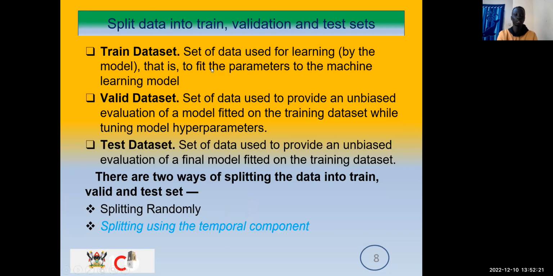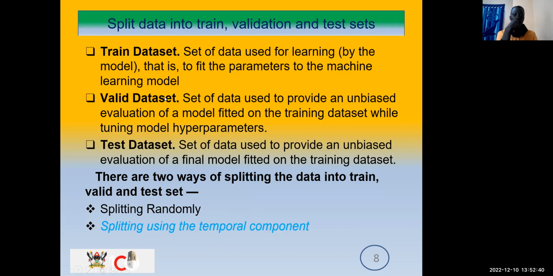Splitting data into train, validation, and test sets. Now we are going to look at train data sets, validation data sets, and test data sets. When we first consider the train data set, we're saying it is the set of data used for model learning.